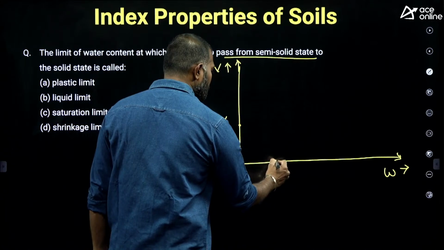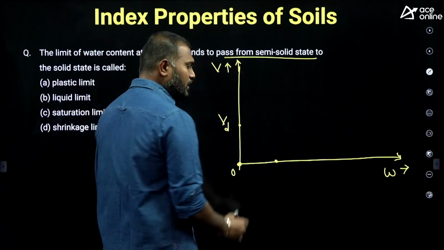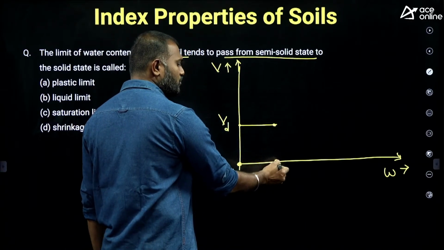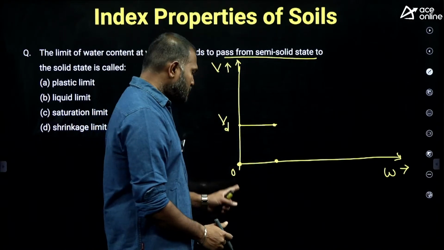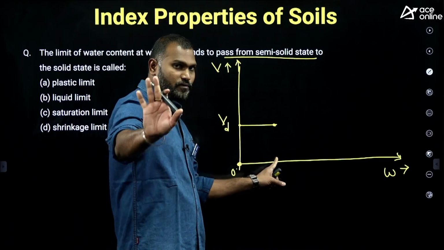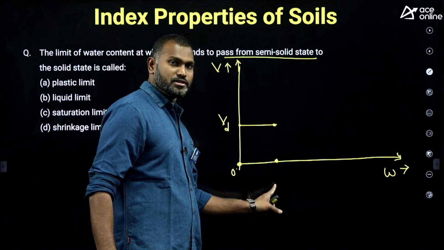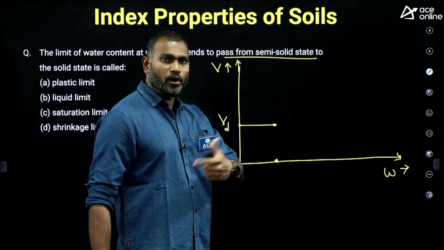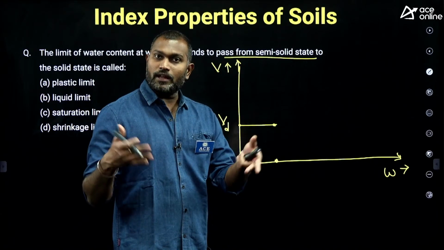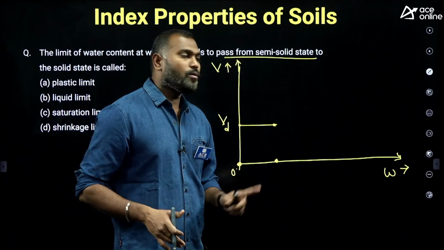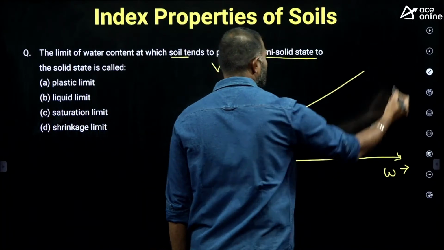So at this point, initially water content 0, saturation 0. At this point we added some water so that 100% saturation is done, and entire voids are filled with water. If you add water beyond, there are no voids left over, so that water will be extra and the volume starts to increase.